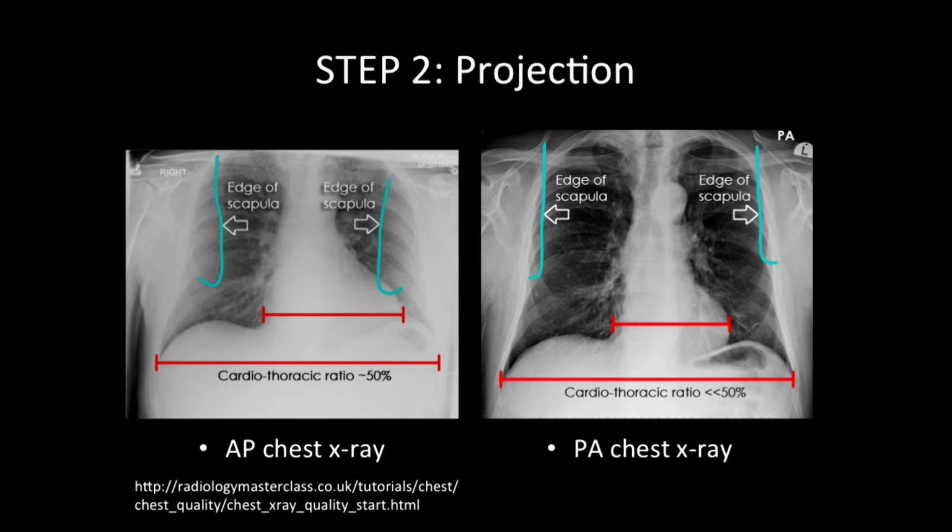And then again on the AP X-ray, the edges of the scapula creep in towards the midclavicular line, whereas on the PA chest X-ray you can see they're more out to the periphery. So the projection can affect the way that the anatomic structures appear and where they appear on the chest X-ray.